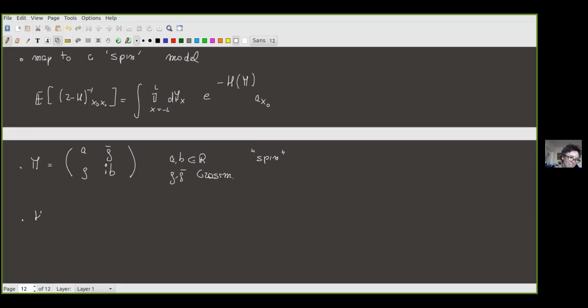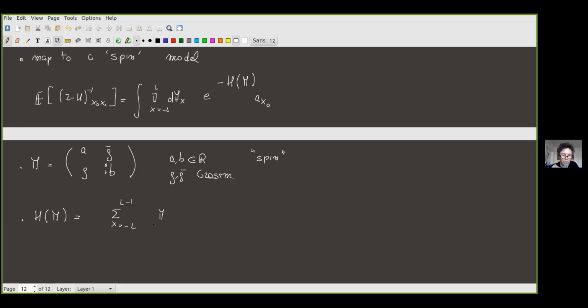The energy of the spin configuration looks again like a kinetic term plus a potential term. So I have a sum between minus L and L minus 1. Now, here I don't have a scalar product. When you have matrices, you normally take the square of the matrix and the trace.